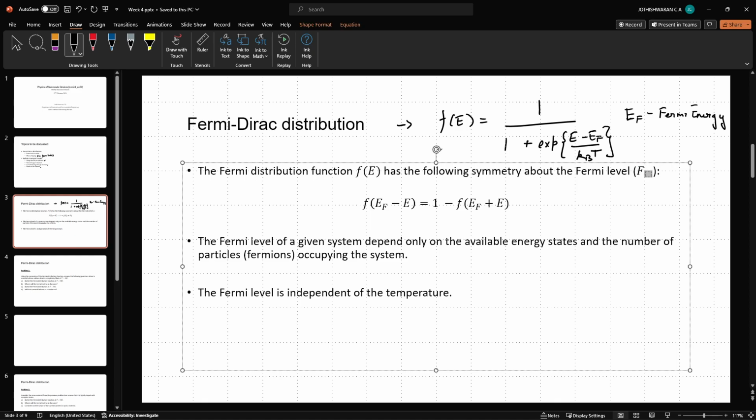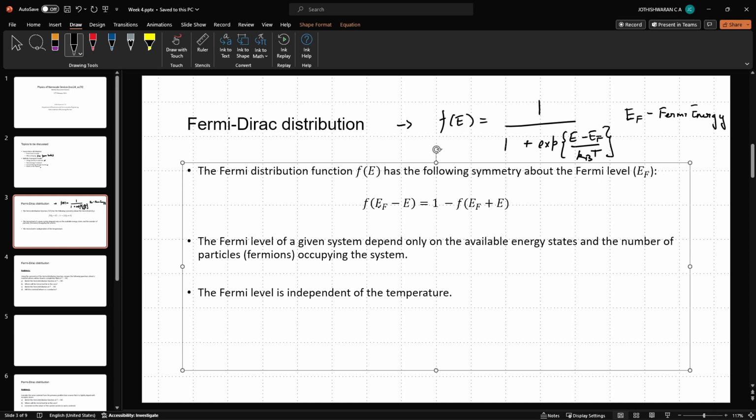Let me correct it right here. So this should be f and this should be E, with the symmetry about the Fermi level EF.